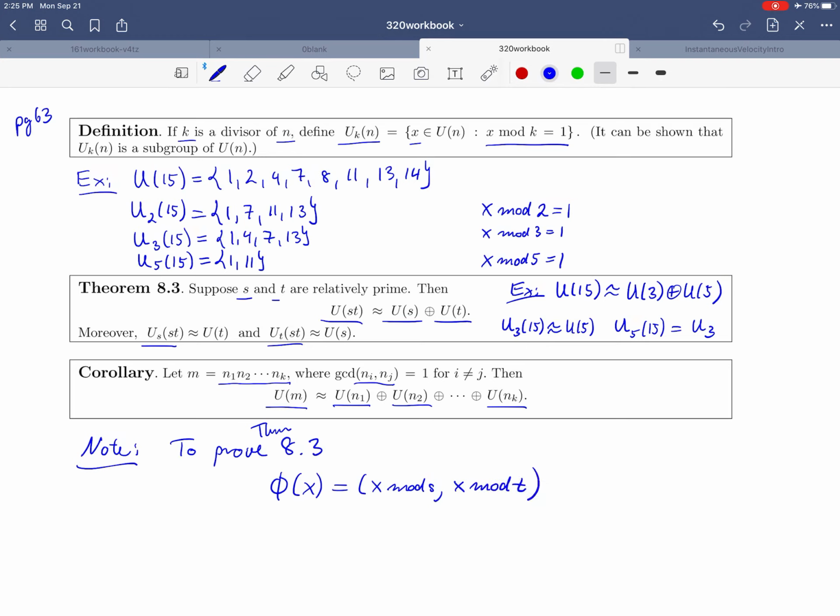So we'd have to show that this is an isomorphism, because that one would go from U of st to U of s plus U of t.